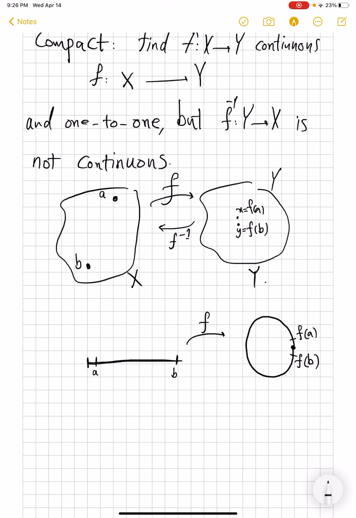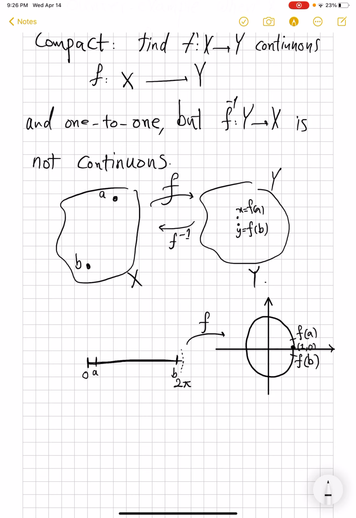So if you move a further closer to 0, and b moves further closer to this end, which for convenience I want to say is 2 pi, then f(a) and f(b) also will move closer to one another and to this point, which is (1, 0). And this is a subset of R2.